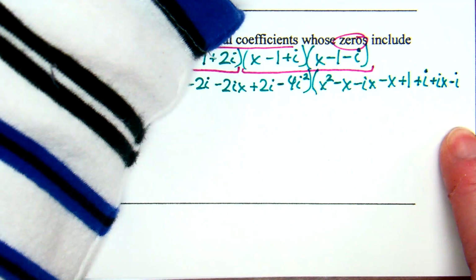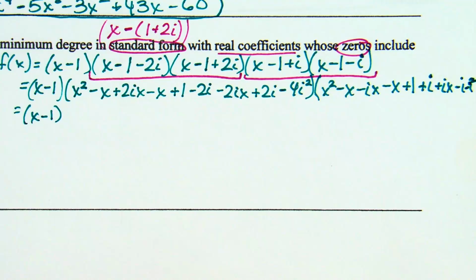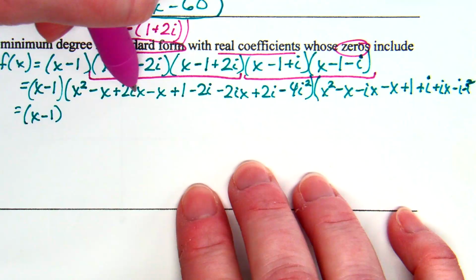Like terms. Some serious cleanup, right? Okay, as we look at this middle one, 2ix minus 2ix cancels. Negative 2i plus 2i cancels. And what do you know about negative 4i squared? It's negative 4 times negative 1, which becomes plus 4, correct?